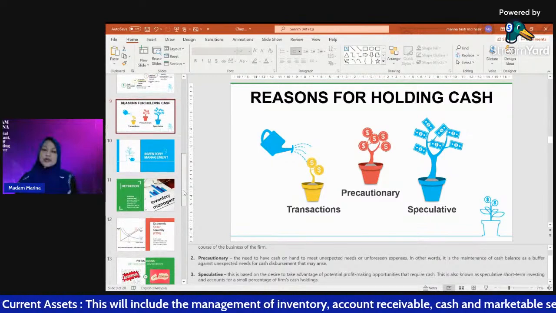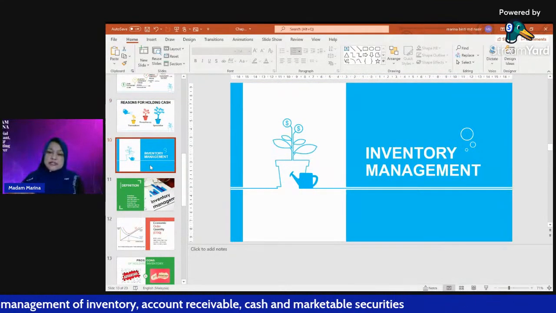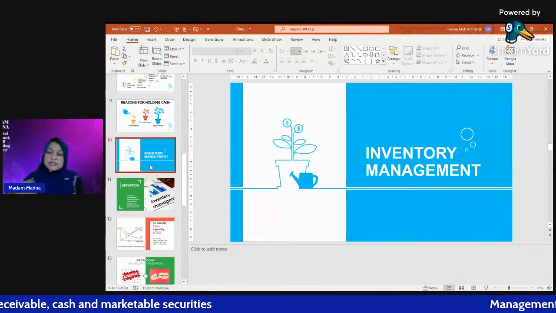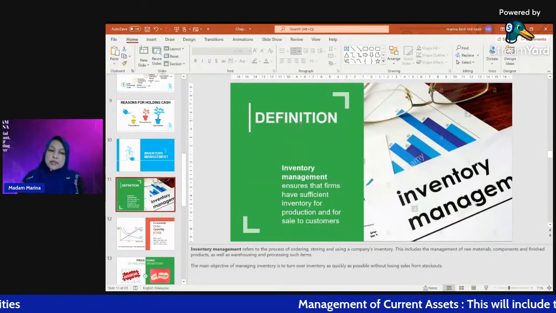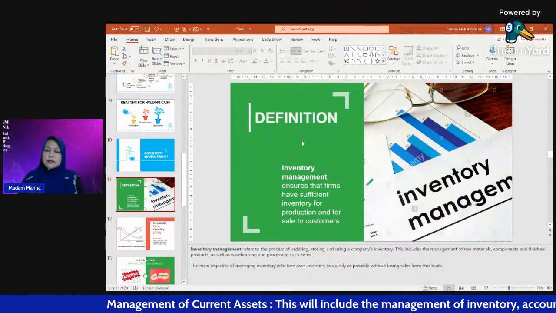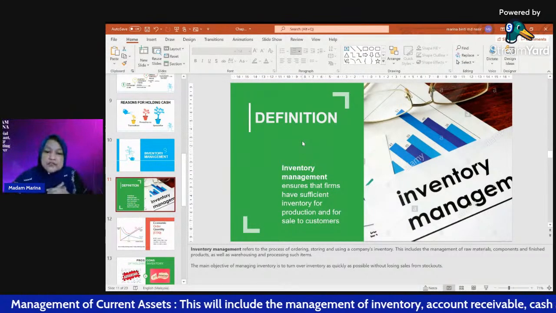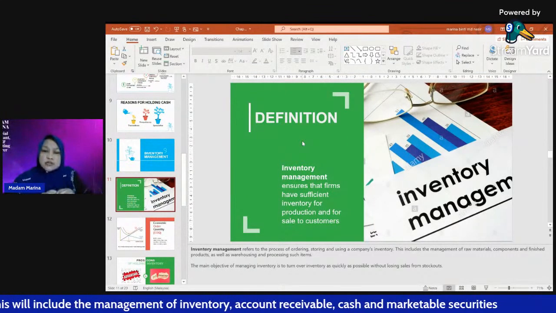Next, the second one for management of current assets is managing inventory. How do we manage inventory? First, what is the definition of inventory management? Inventory management ensures the firm has sufficient inventory for production and for sale to customers.